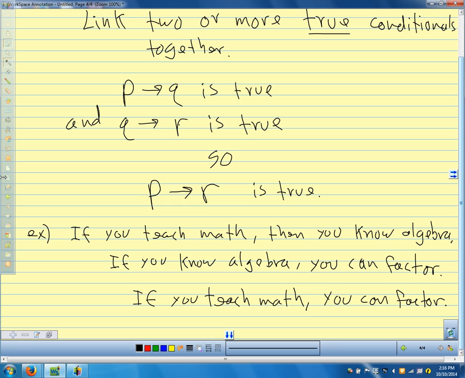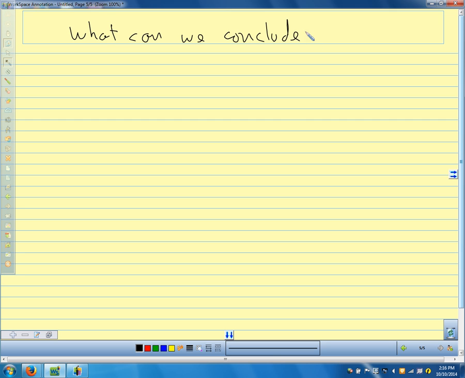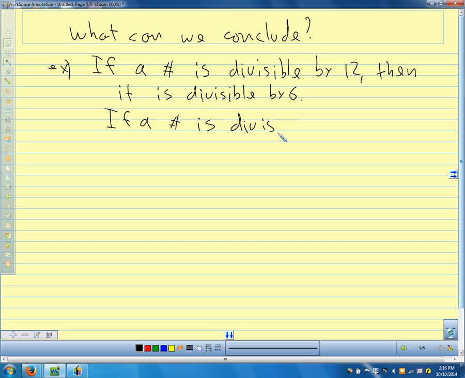All right. Let's look at a couple more of these with the law of syllogism. What I want to know is, what can we conclude? If a number is divisible by 12, then it is divisible by 6. And then I'm going to say if a number is divisible by 6, then it is divisible by 3.